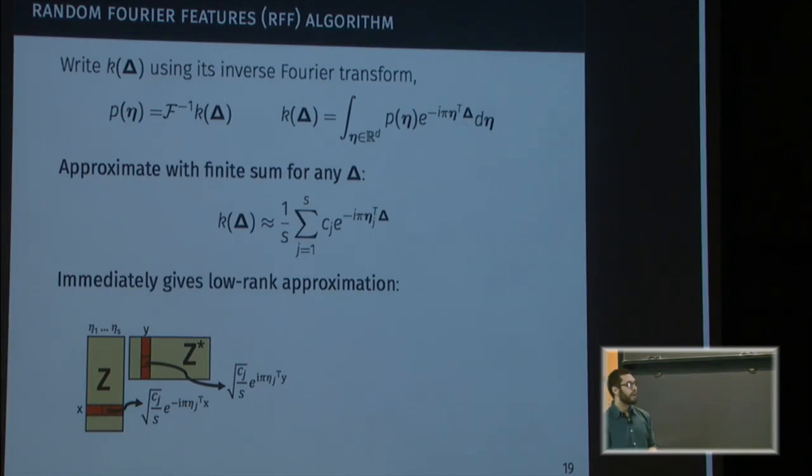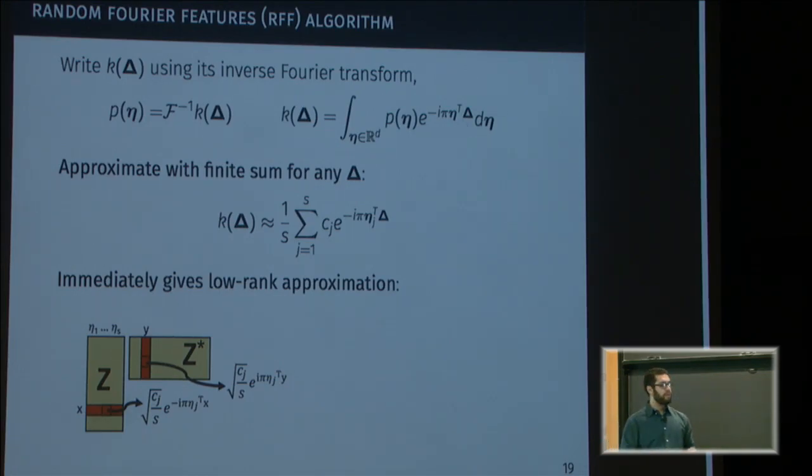Okay. The first observation, before we think about how we're going to do the sampling or the reweighting, is that this immediately gives a lower rank approximation. It's a little different than what I was talking about before. Here I'm factorizing my matrix as z times z star, where z star is the Hermitian transpose. So not only do I do the transpose, but I take the conjugate of all the imaginary numbers in that matrix.